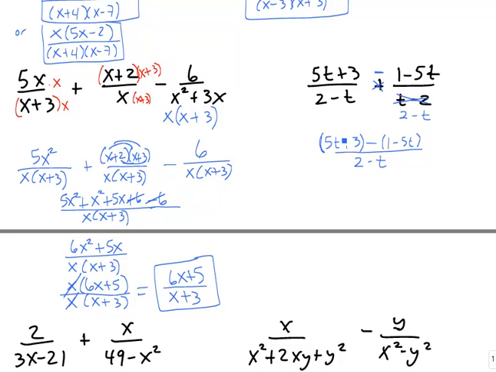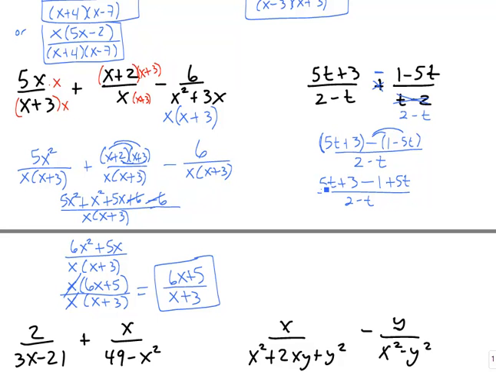So you need to use parentheses here, especially around that second numerator, because now we're going to have to distribute that negative across. The first set of parentheses aren't as necessary because there's nothing in front that we would have to distribute. So I can drop the first parentheses and just get 5t plus 3, and when I distribute my negative across the second set of parentheses, I'll get minus 1 plus 5t all over our 2 minus t.